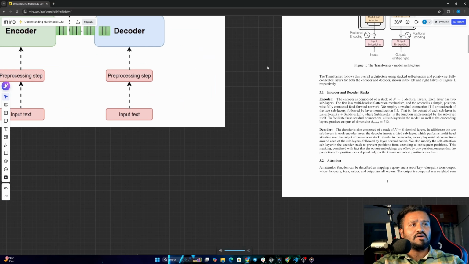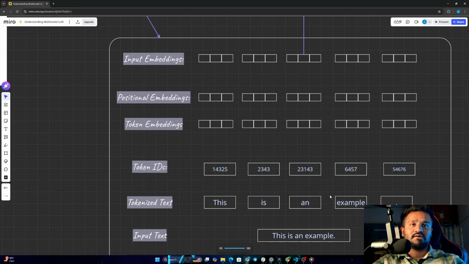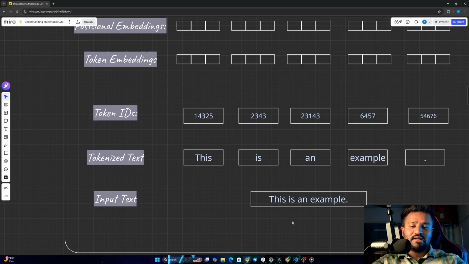Let me walk you through a simple example. I've prepared a presentation to show you. Suppose we input a sentence, for example "This is an example." Obviously the model doesn't understand English like we do.